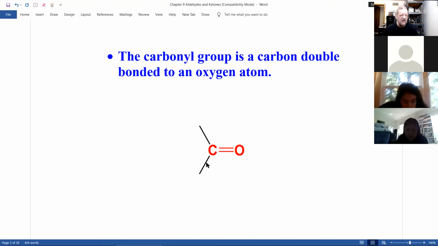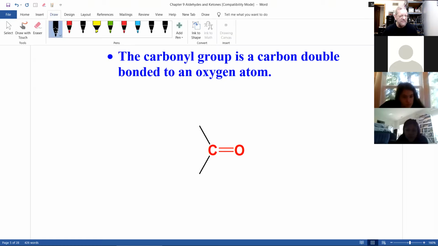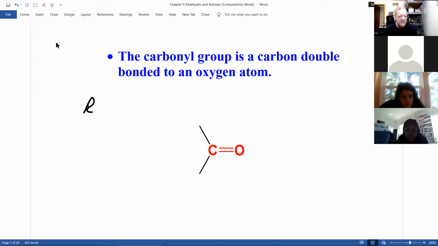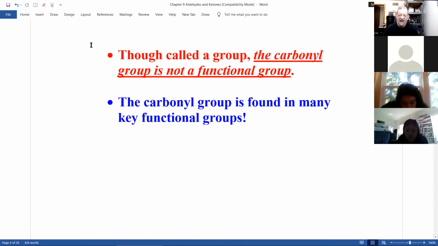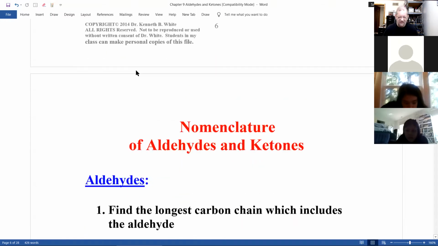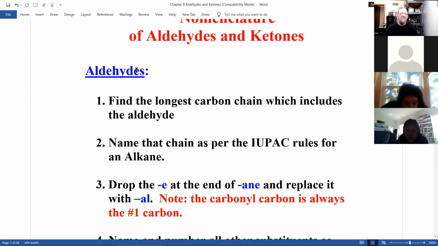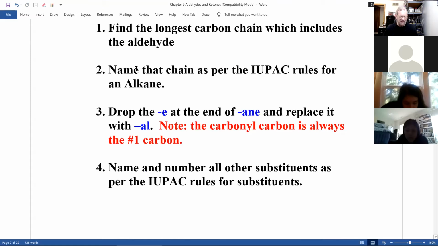You should know how to write a carbonyl group and how to draw it, and how to describe it with words and write it. It's not a functional group, even though it's called a group, but it's found in many functional groups like ketones and aldehydes. I went through this on Monday, but I'll go through it again briefly.